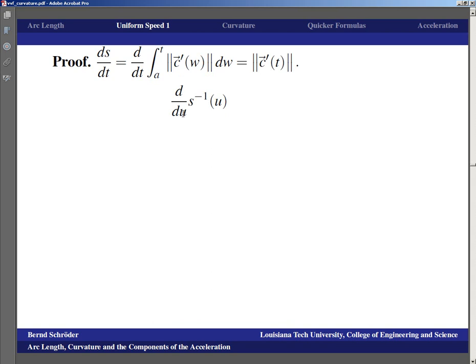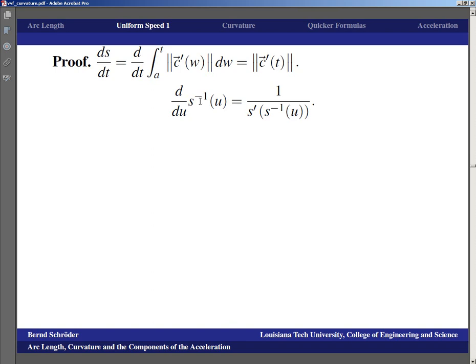Now, as an intermediate step for the next thing we want to compute, we need to find the derivative with respect to u of s inverse of u. Well, that is from the formula for derivatives of inverse functions. Here is where we're very deeply into this other part of multivariable calculus, which says, look, at some point in time, you just have to start looking up formulas, or better, remember them.